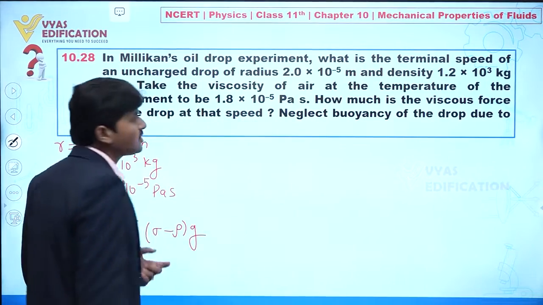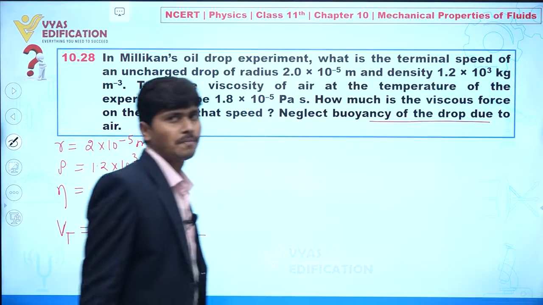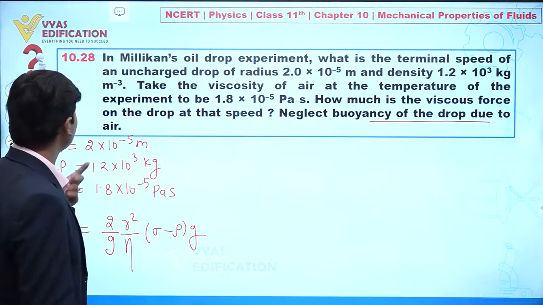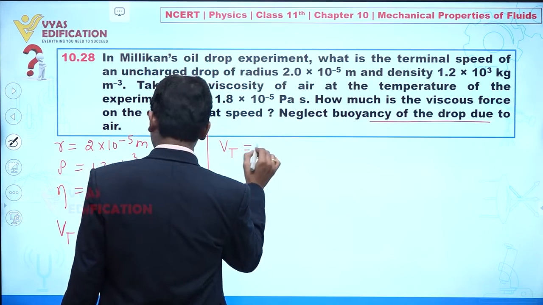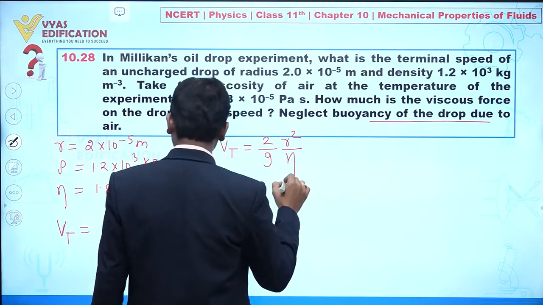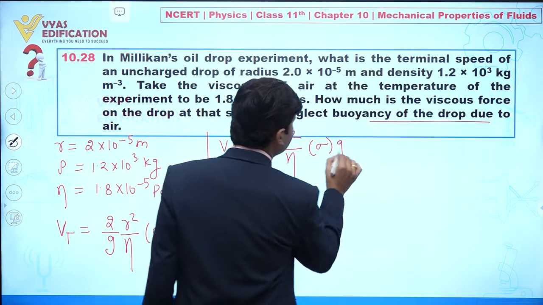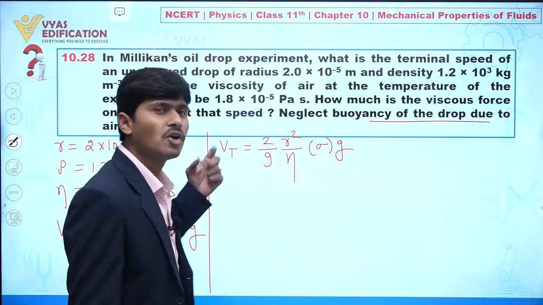In this question, one point is given: neglect buoyancy of a drop due to air. So I can write Vt is given by 2 by 9 r square divided by eta, sigma g. Sigma is the density of the oil drop.